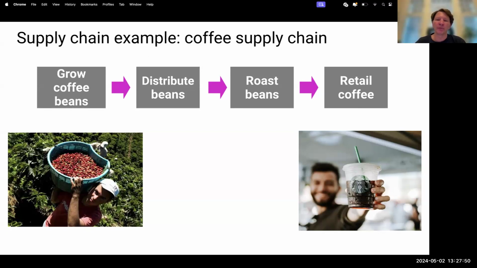But then the coffee roaster roasts the coffee, and that might be some local mom and pop shop for hipsters, or it might be the Starbucks of the world, which might do more centralized roasting and then ship the roasted coffee to their retail outlets. And finally, there's the retail outlets, right, where they take that roasted coffee and sell it. And some retail outlets are their own roastery as well, and that makes really great coffee for anyone who loves coffee. That's obvious, but it's 4 steps here. Okay, so that's the coffee supply chain in a very simplified way.